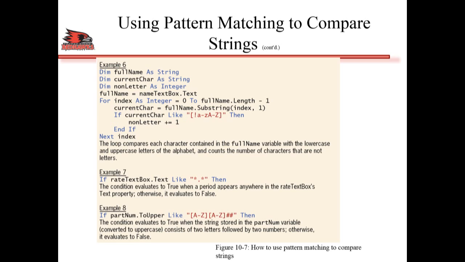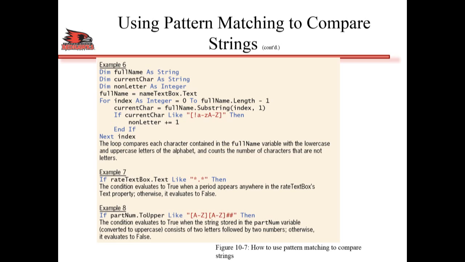So if the current character is not any letter, then increment the non-letter. It basically counts how many non-letters, like symbols or numbers, we have, and returns that.